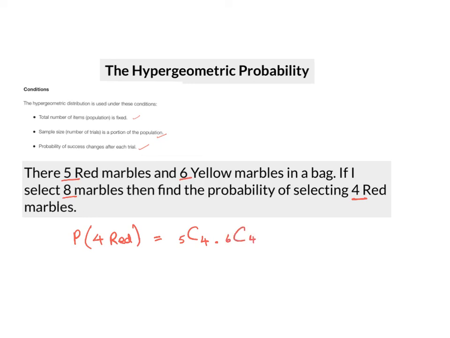Out of the yellow, 6. And then divided by 6 plus 5 is 11. And I'm choosing 8 altogether. And we need to come up with a percentage for that. We get the answer 0.454, which equals 45.4%.